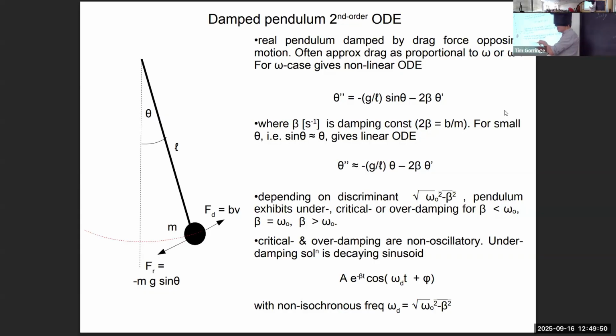So this doesn't exhibit a constant period. The frequency omega d depends on the damping constant. So already, by just damping the pendulum, even at small amplitudes for the pendulum's motion, we've lost this feature of a period that's independent of amplitude.